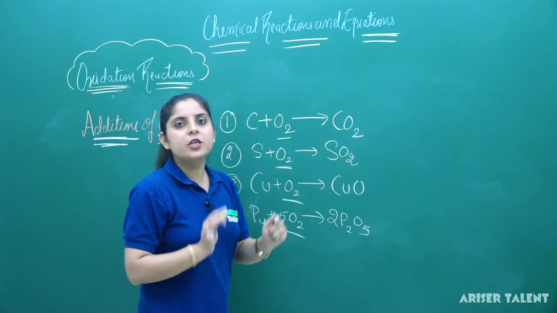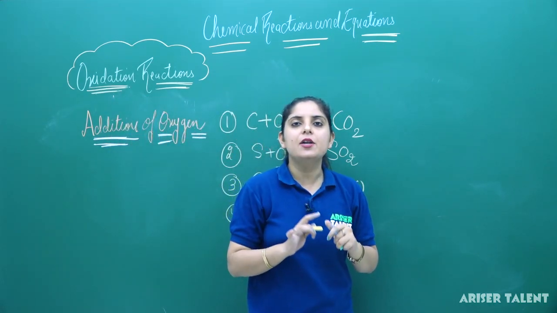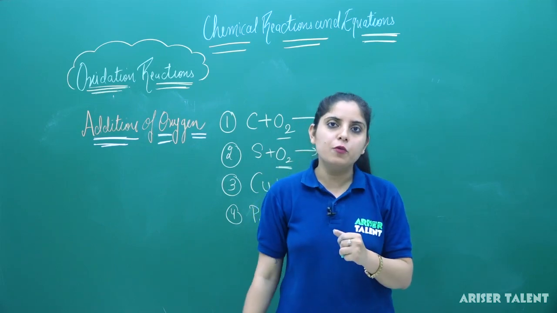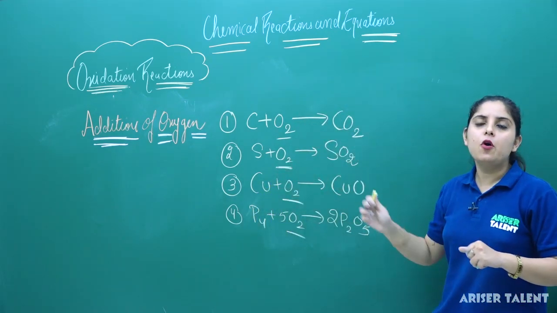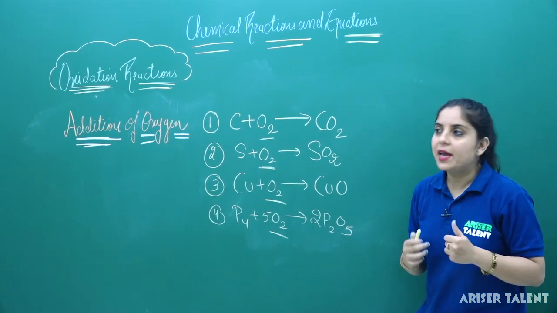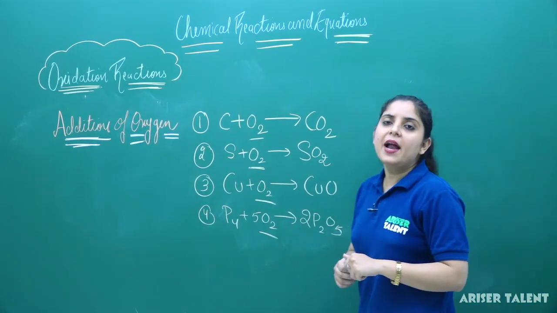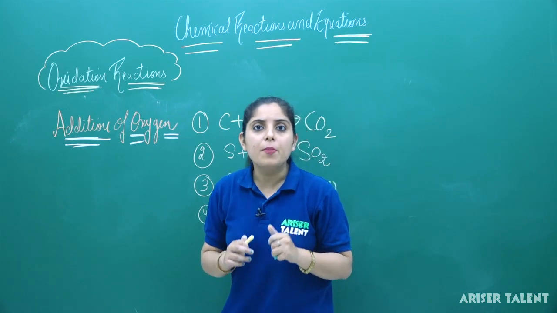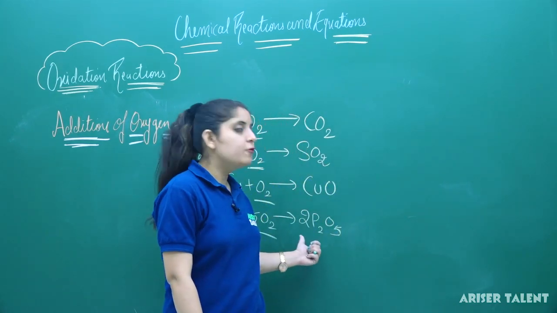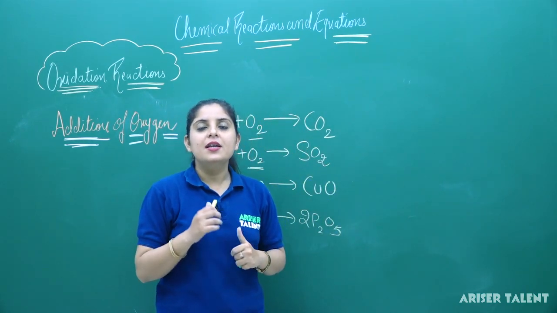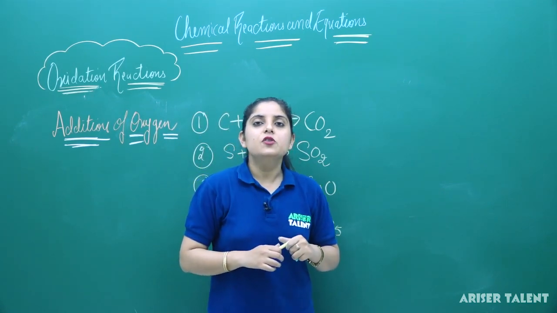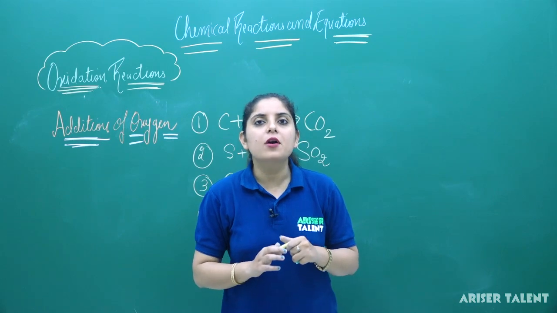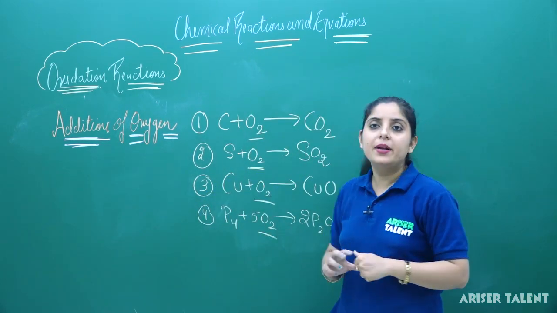C plus O2 gives CO2, it means carbon and oxygen are combining to give you carbon dioxide. Similarly, sulfur when added to oxygen, it will give you sulfur dioxide. Copper when added to O2, it will give you copper oxide. And when phosphorus is added to oxygen, it is going to give you phosphorus oxide. Okay. So, this is the addition of oxygen to a particular element here.